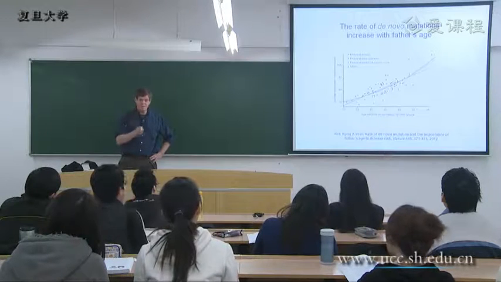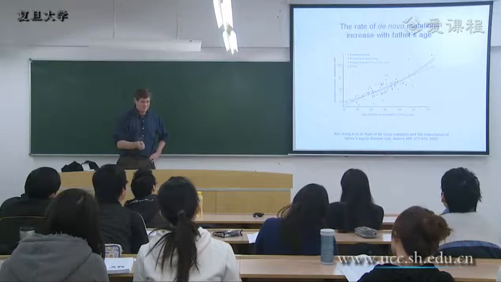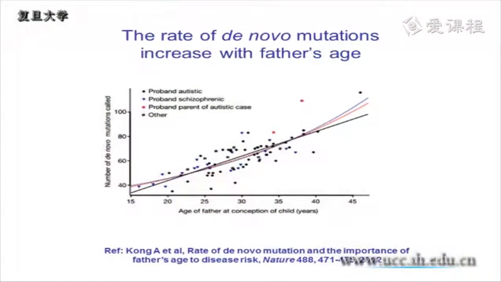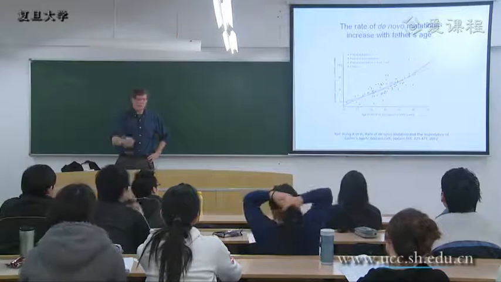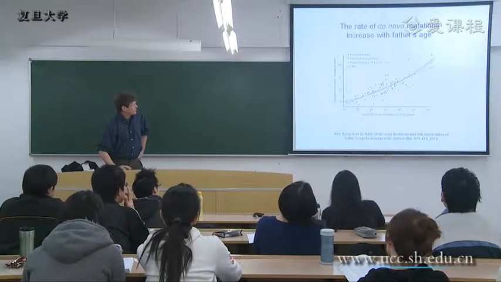And I promised you to talk to you about problems with the fathers. This paper was just published a month or so ago, which looks at the de novo mutations that are passed from the father to the child as a function of age of the father.